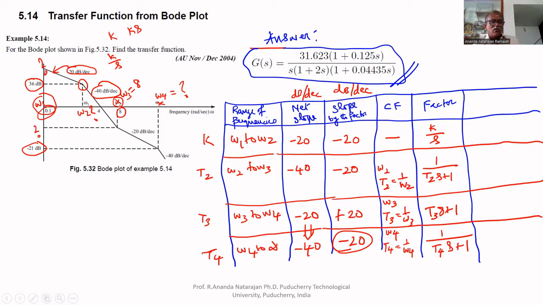To find omega 2, what we will write is y2 equals slope times log of omega 2 by omega 1, plus y1. This is the formula that we used to use. So if you use that formula, what is y2?